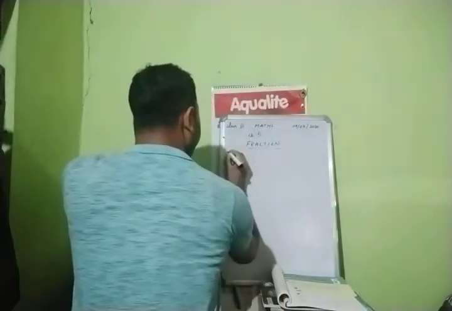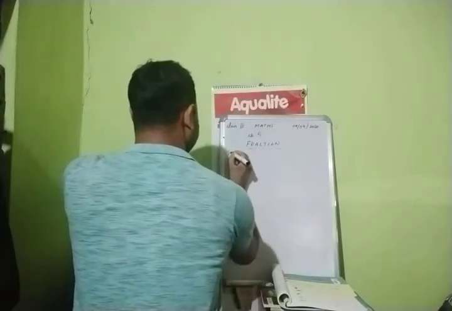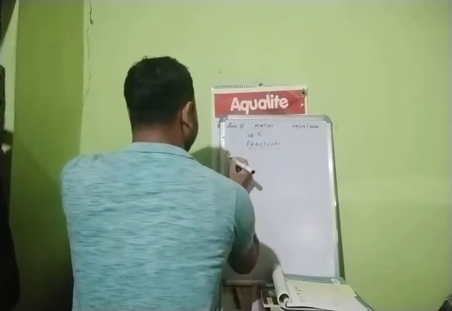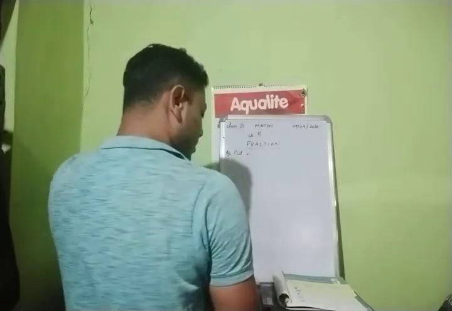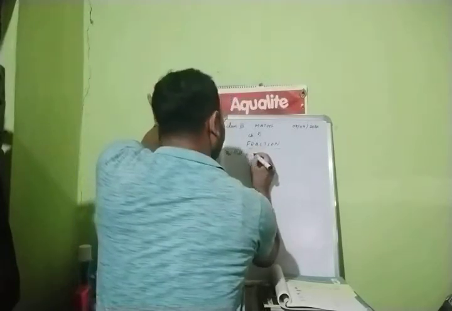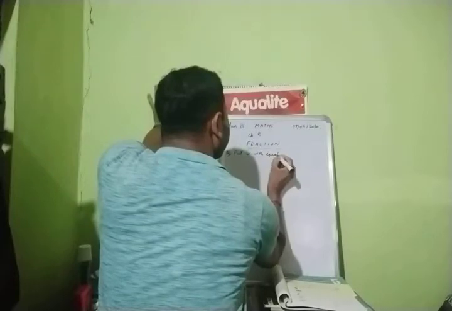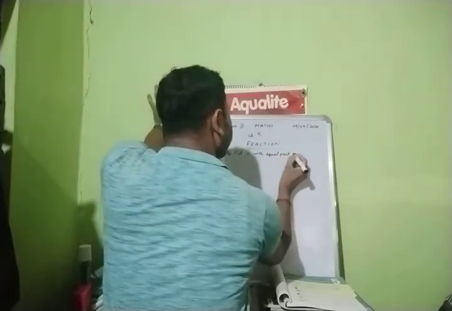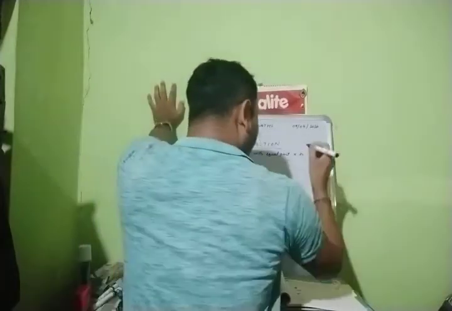It will be more clear to you. Right? Question number 1, what does it say? It says to put a tick for equal parts and a cross for unequal parts.